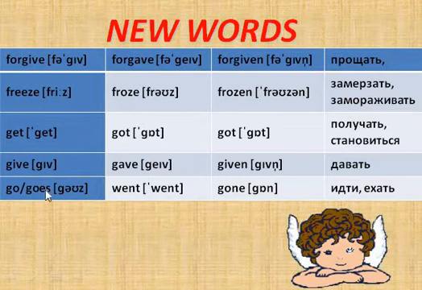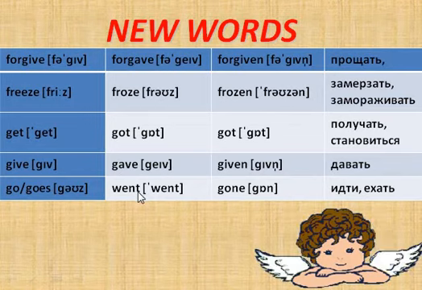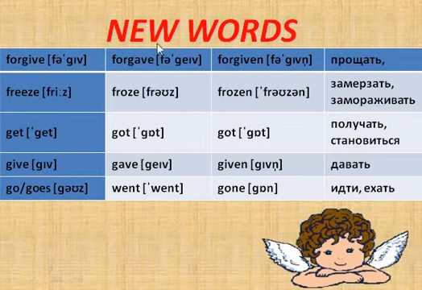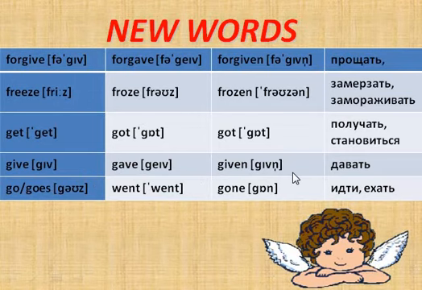Next, go, goes, went. So, peoples, why are we saying goes? We use the verb goes only with the third person, right? Very good.